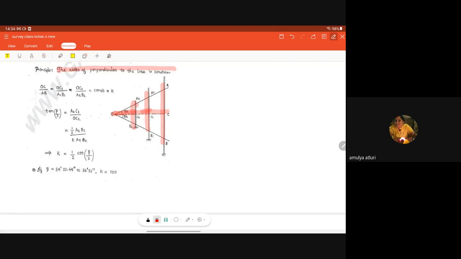So this A2C2, I can write it as half A2B2, as it is a triangle, and OC2 can be written as K into A2B2. So after simplification we will get K is equal to half cot beta by 2.